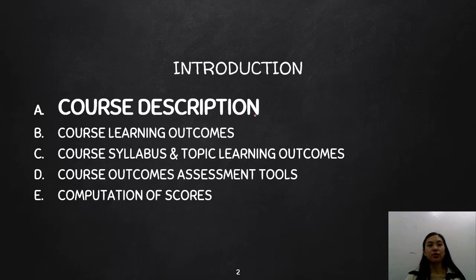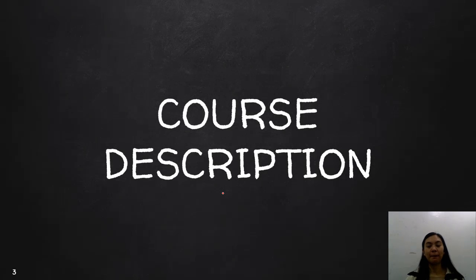And for this introduction, we will be covering 5 topics, including your course description, your course learning outcomes, the syllabus and the topic learning outcomes, the assessment tools to be used for this course, and of course, how you could compute your scores or your grades.